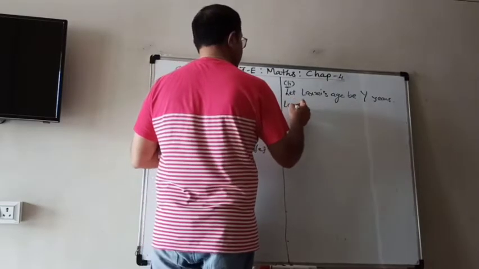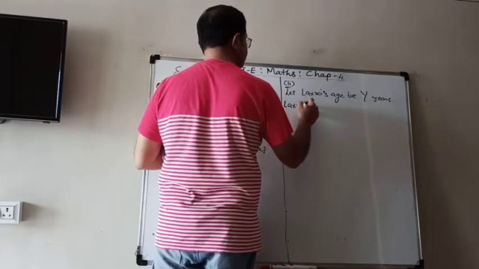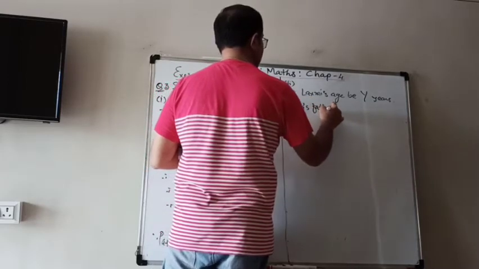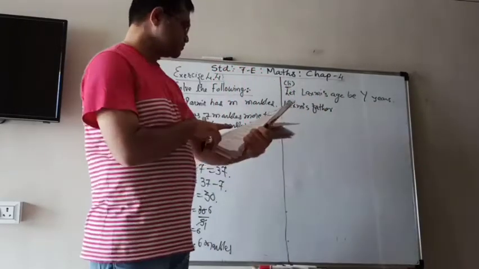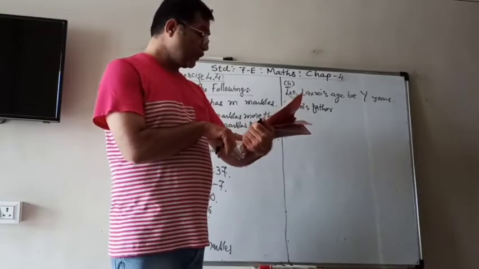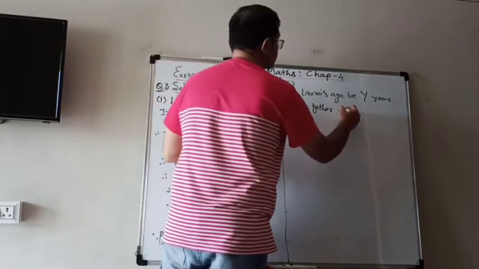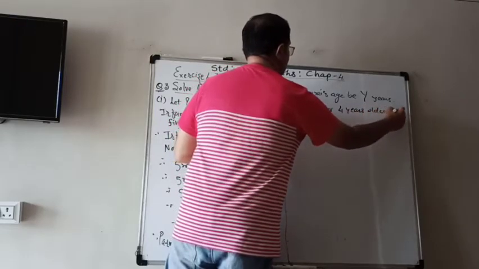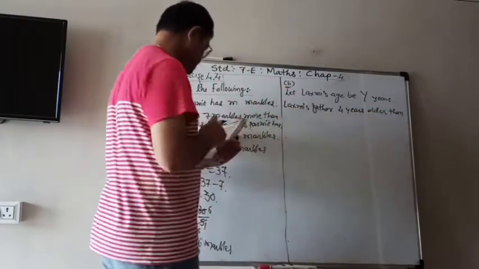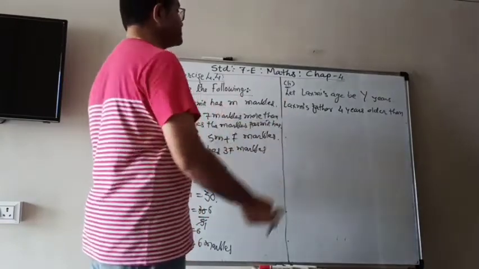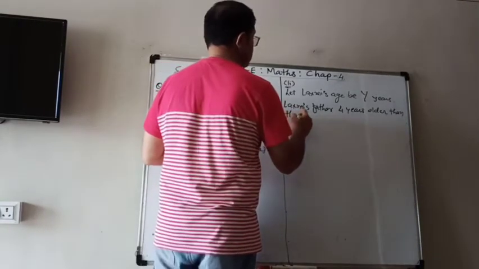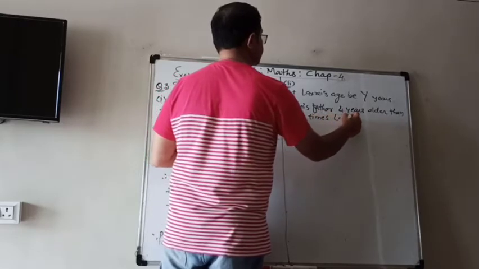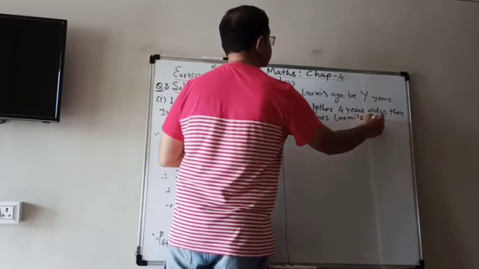Now Lakshmi's father, now read again the relation that is given. He is 4 years older than 3 times Lakshmi's age.